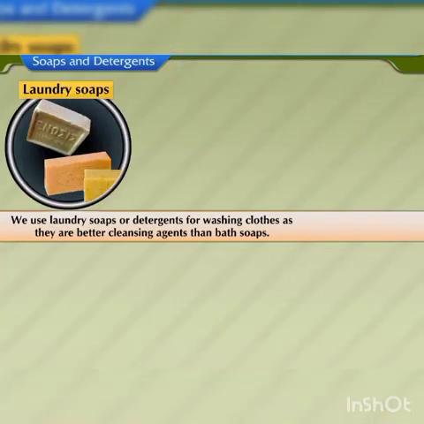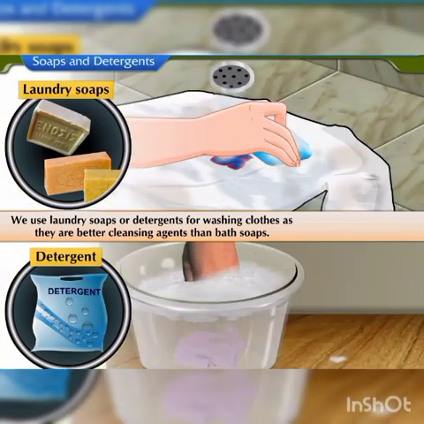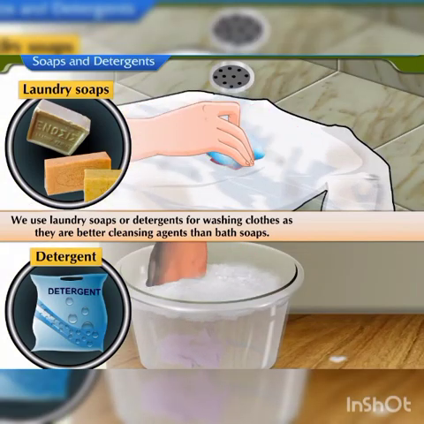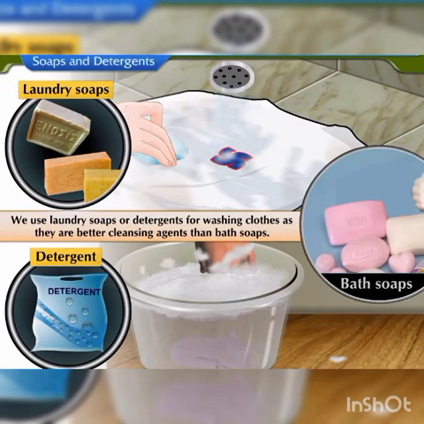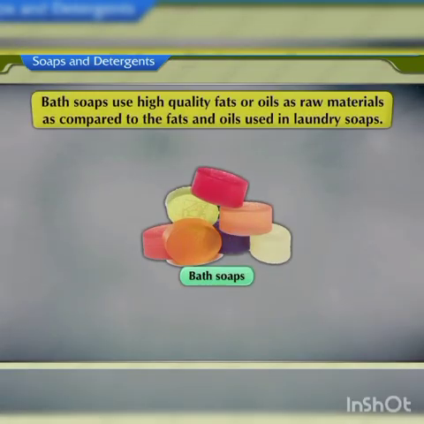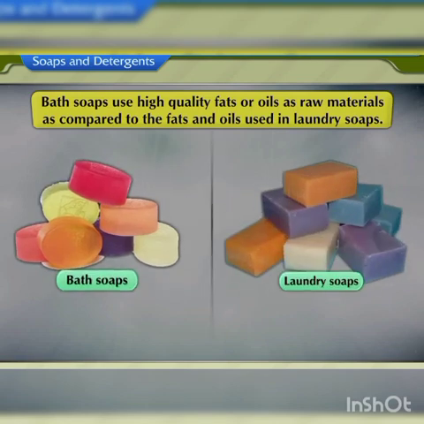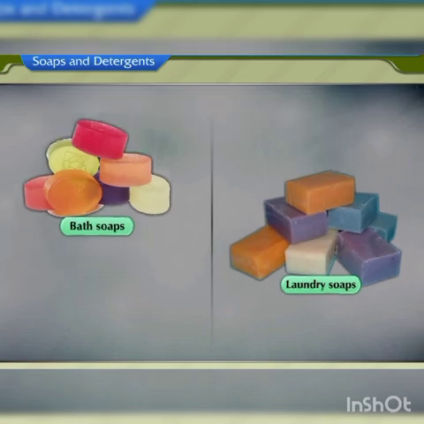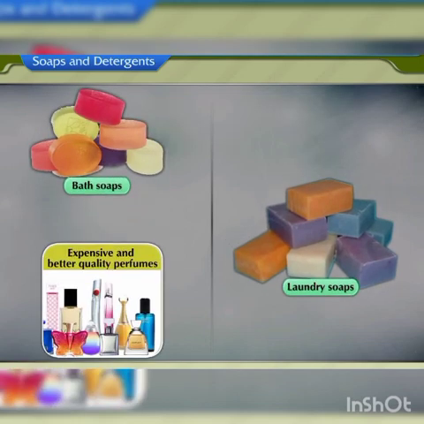We use laundry soaps or detergents for washing clothes as they are better cleansing agents than bath soaps. Bath soaps use high-quality fats or oils as raw materials as compared to the fats and oils used in laundry soaps. We have also experienced that expensive and better quality perfumes are used in bath soaps as compared to those used in laundry soaps.